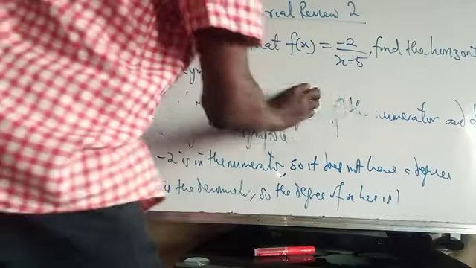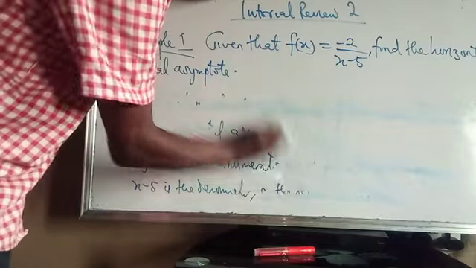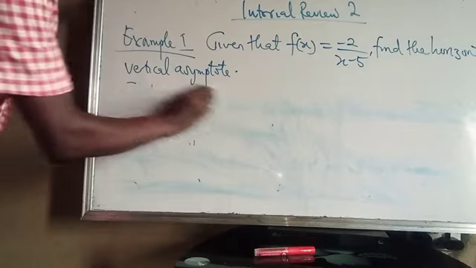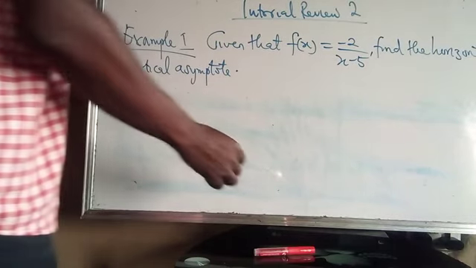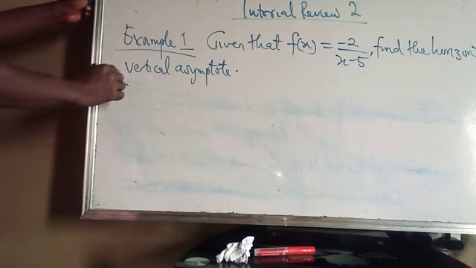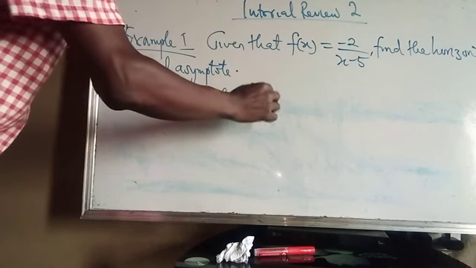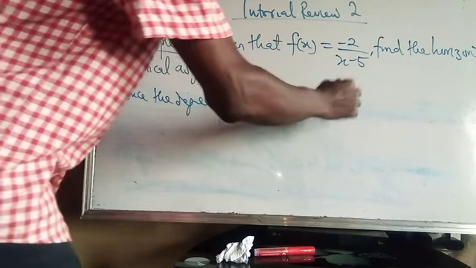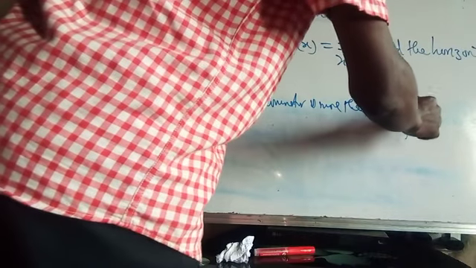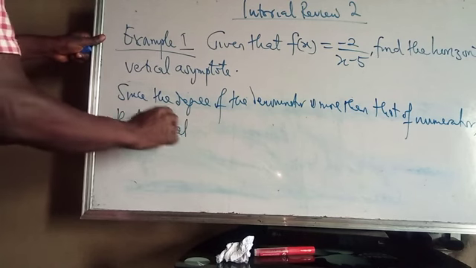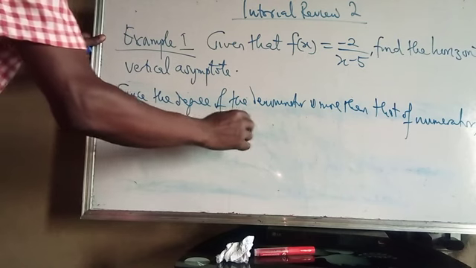So we conclude that since the degree of the denominator is more than that of the numerator, the horizontal asymptote is y equals 0.